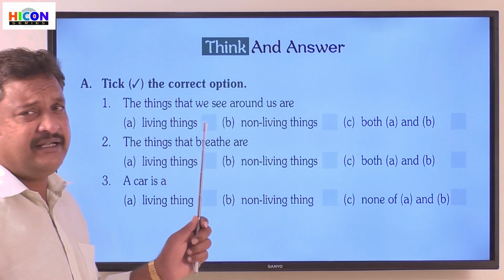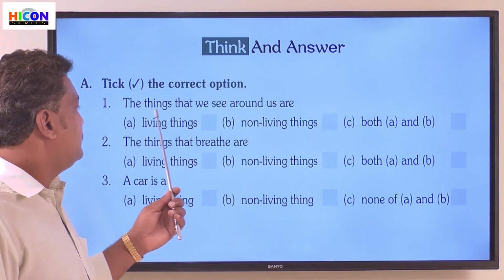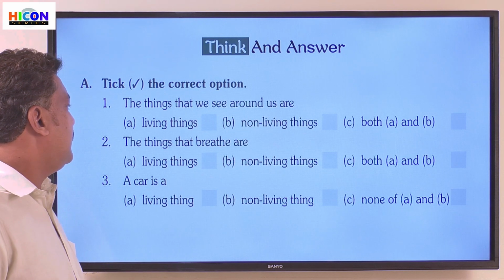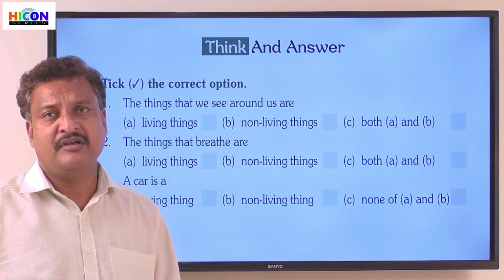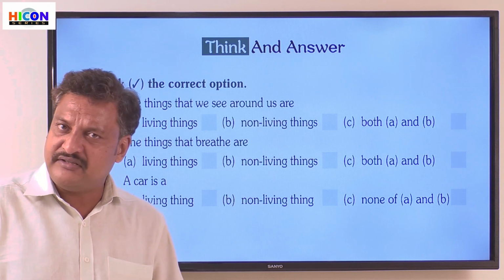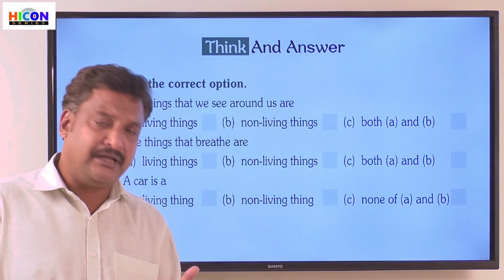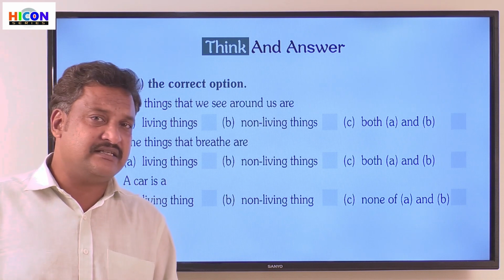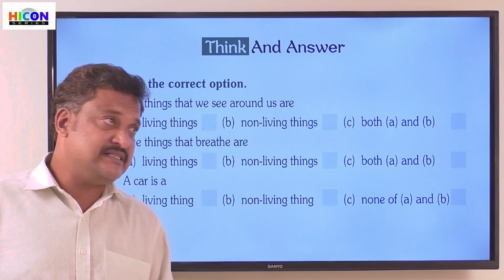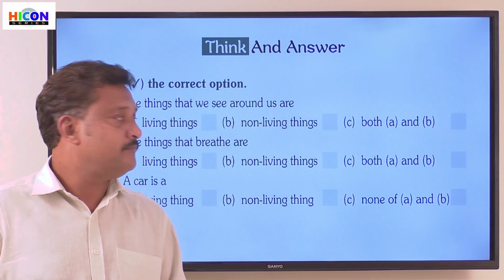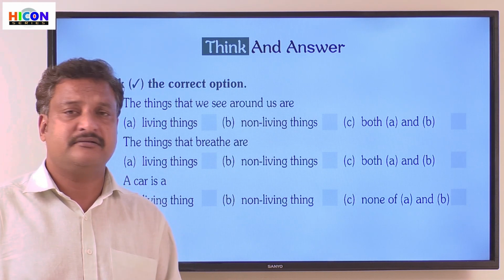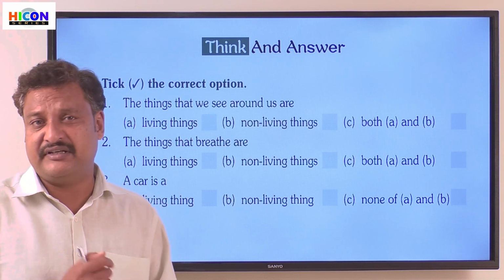So, what is the right answer here? The things that we see around us are living things, non-living things, both A and B. See, we see all the things, isn't it? Yeah, we see plants, animals, birds, insects, human beings. At the same time, we see rocks, vehicles, chair, table, bag, everything, buildings, everything, isn't it?